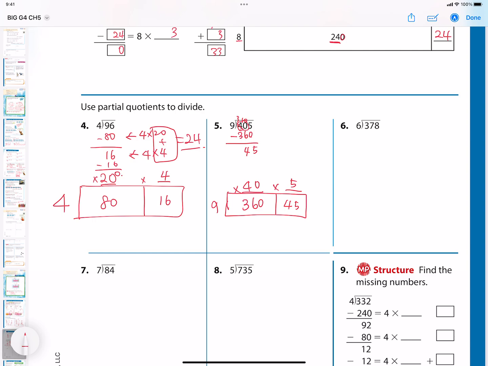So now I'm going to put this here, 9 times 40. And this one is what? 9 times 5 is 45. Take away, nothing left over. And when you add them all together, it's going to be what? 45. Okay. Let's move on to number 6.